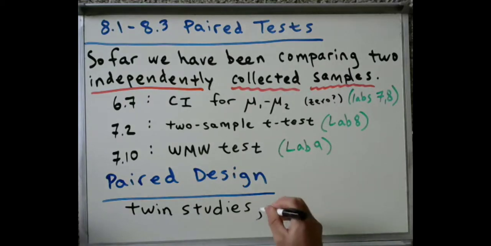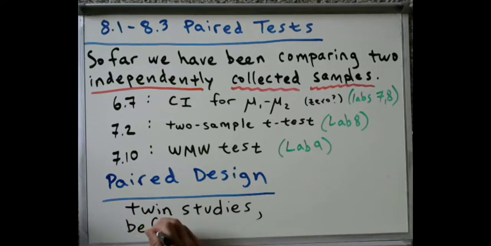There might be before and after scenarios. Maybe a measurement in the response variable has been collected before a treatment was administered, and then after the treatment was administered, that measurement took place again. We're looking at the change from before to after. So there, each subject is giving you a pair of data.